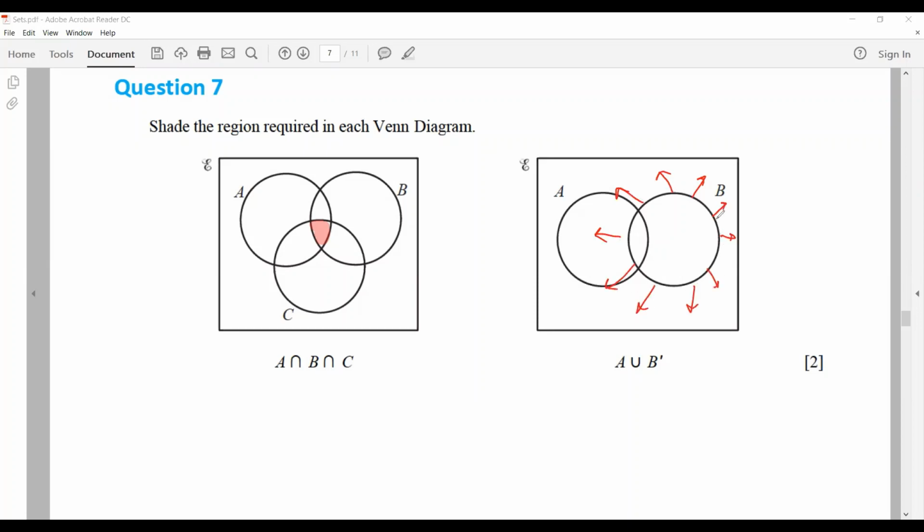And if you want to find its union with A, it means this part also should be included. So the final answer should be the whole of A, everything inside A, plus everything outside B as well. So this is quite a tricky question, but that's the answer.